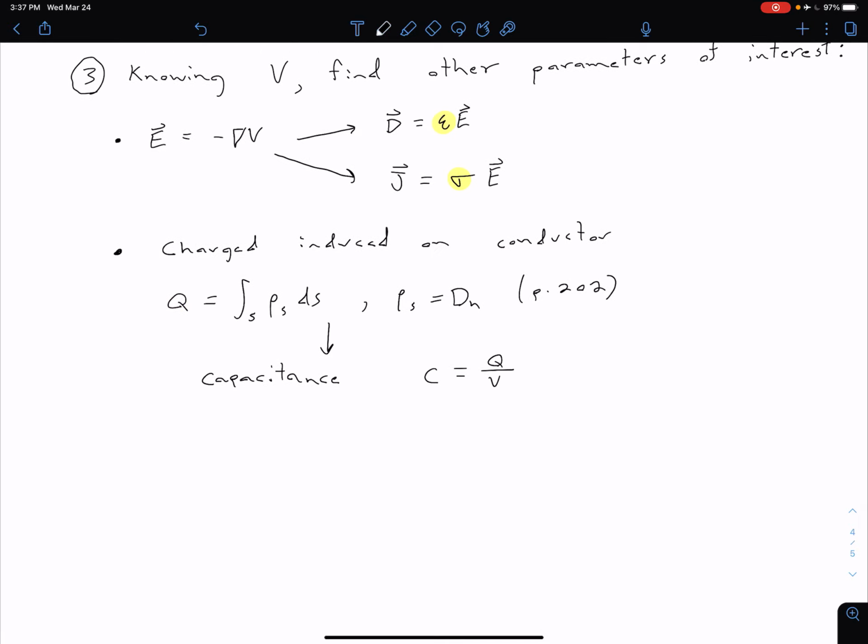One last area, well actually a couple more areas, but really brief for both of them. Our second to last area is our current. We know that our current is the surface integral of J dot dS, where of course we found our J up here from our electric field. Once we know our current and our voltage, we can start talking about resistance.